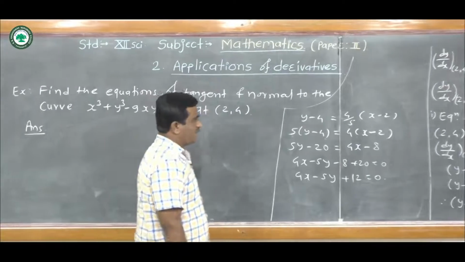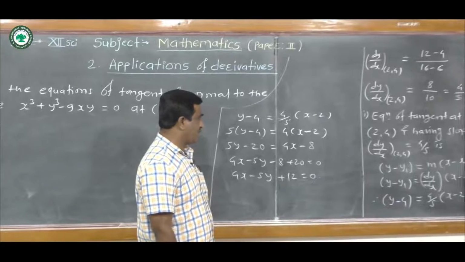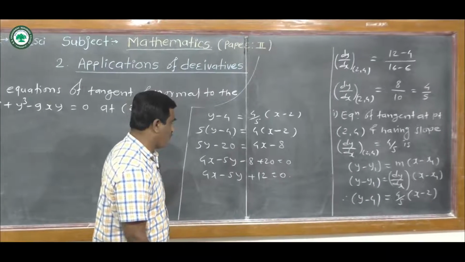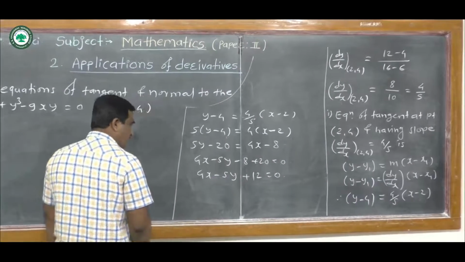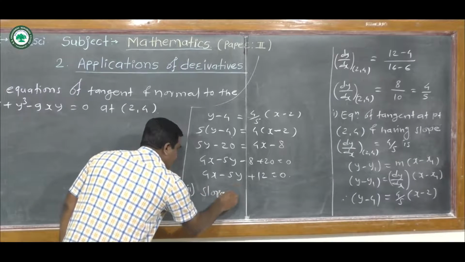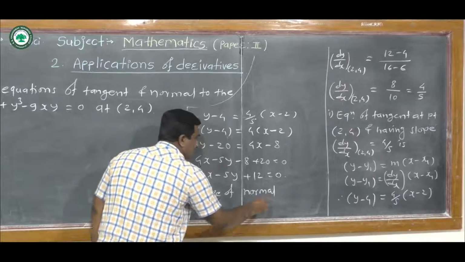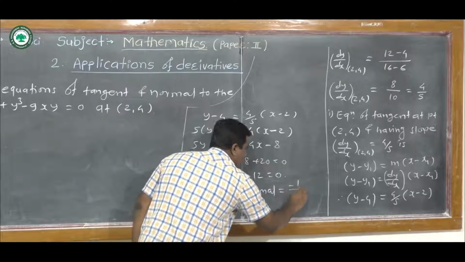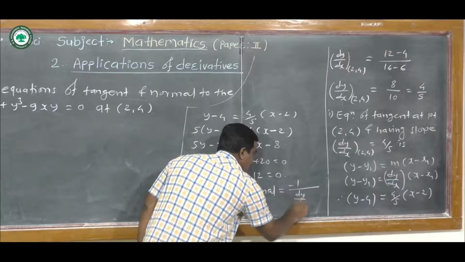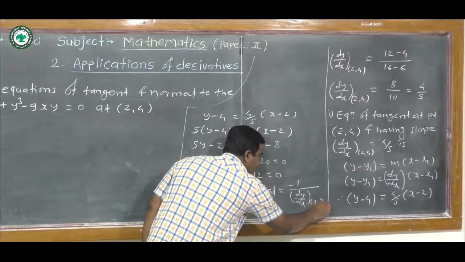Now we have to find equation of normal. For that we have to find first slope of normal. We know that slope of normal is equal to minus 1 upon dy by dx at point (x1, y1).